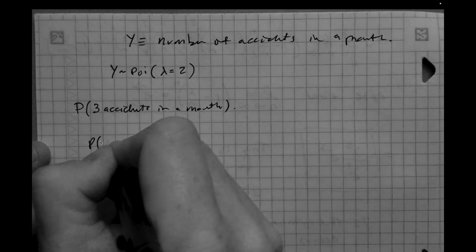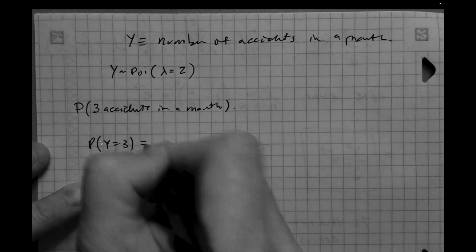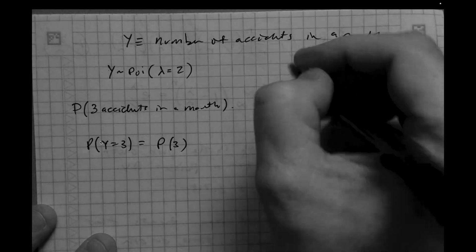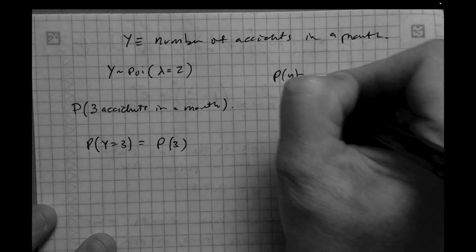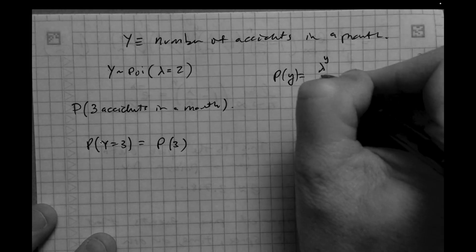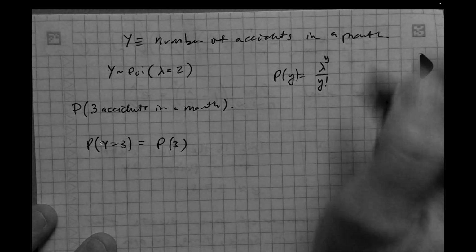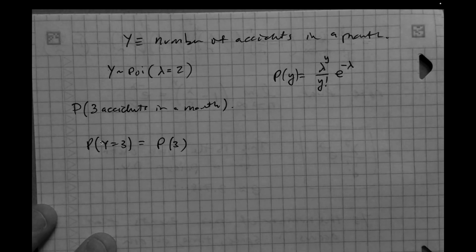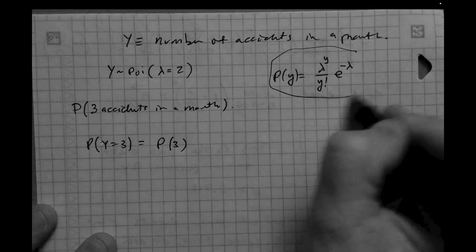So the probability that y is equal to 3 is just the probability of 3. And remember, the probability of y is lambda to the y power over y factorial times e to the negative lambda. So this is our probability distribution.